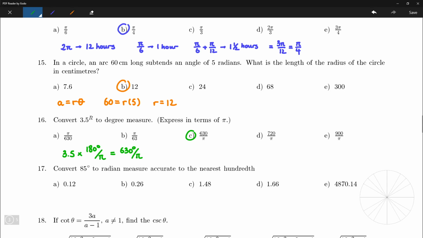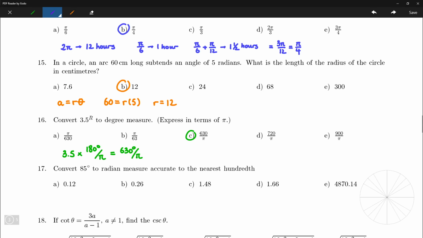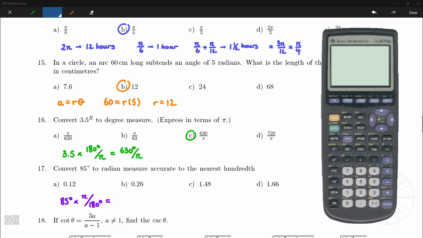Right. Next one, 85 degrees to radian measure. Okay, so 85 degrees. We're going to multiply by pi and divide by 180. Let's go ahead and use a calculator in this case. Here we go.